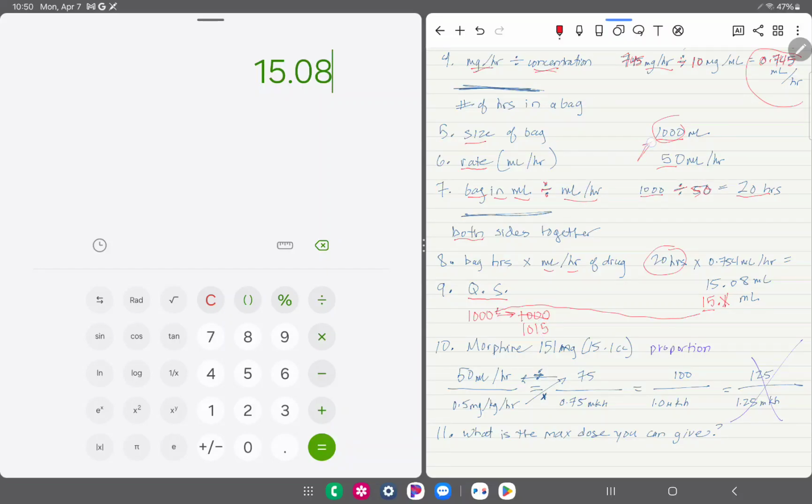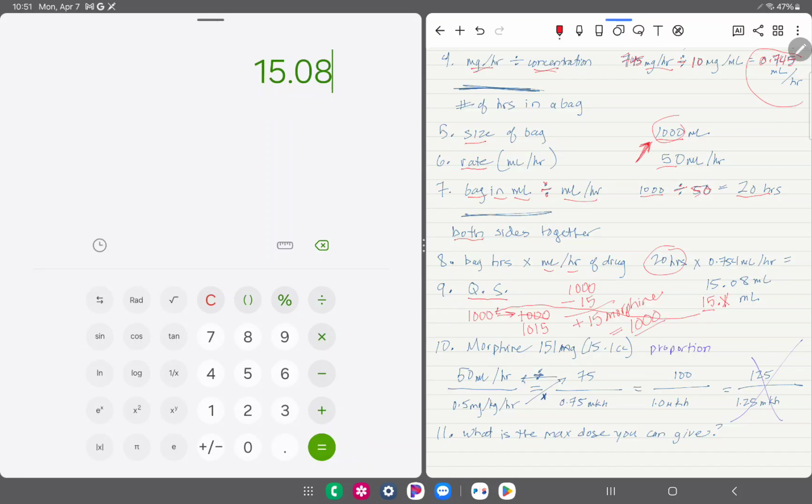But that's not what I did the math on. So what I'm going to do from that 1,000 mil bag, I'm going to draw out 15 mils. I'm going to grab my 20 mil syringe. I'm going to remove 15 mils from the bag, and then I'm going to add in 15 mils of morphine. And when I do that now, I have a total volume of 1,000. So that's what quantity sufficient is.